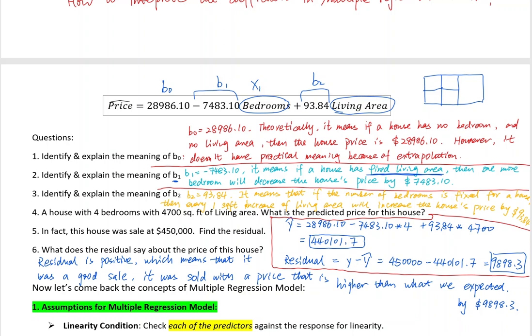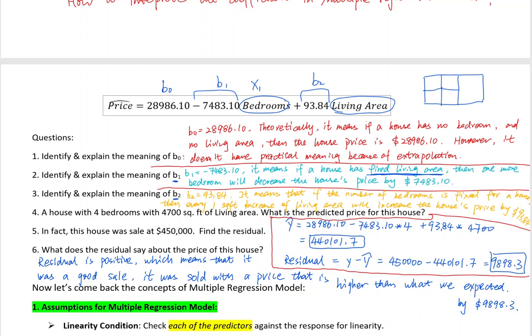Got the idea? If I have a house with 3 bedrooms fixed, and you have a larger living area, of course the house price will increase, right? You have more space for other rooms, right? Okay, so this is how you interpret B2.